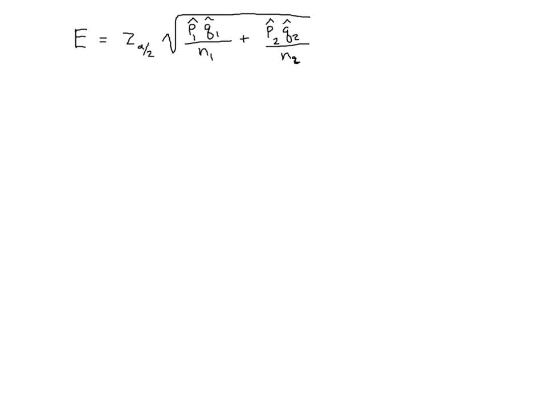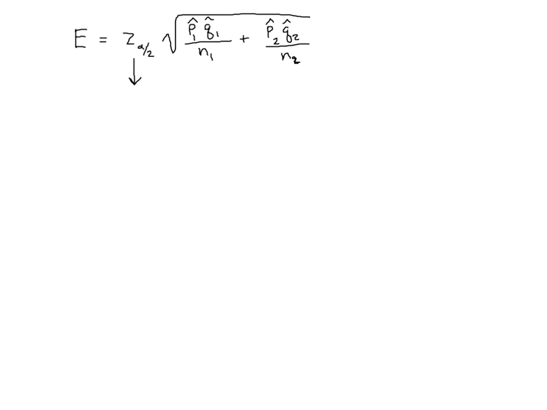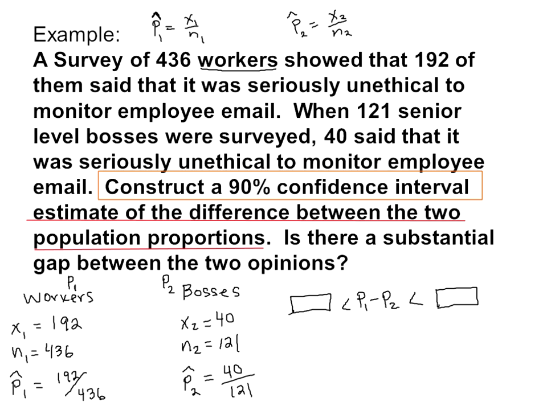Okay, so let's see what I need here. I need to figure out what the critical value is. What in the problem gives me the critical value? Or what will help me find the critical value. It's not given to me, but there's something there that will help me find the critical value.